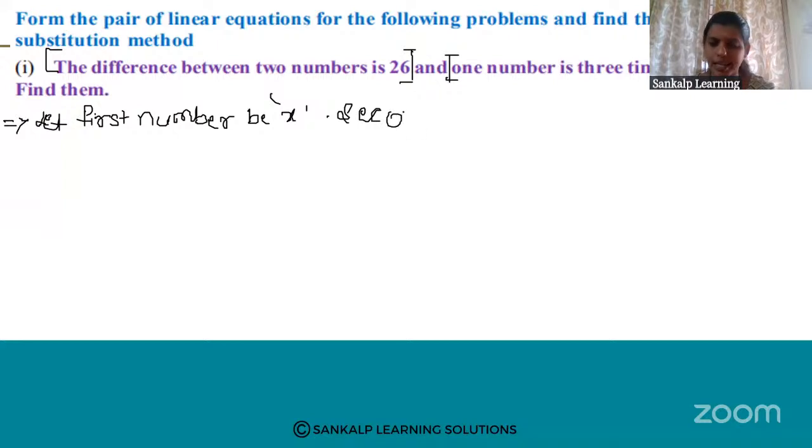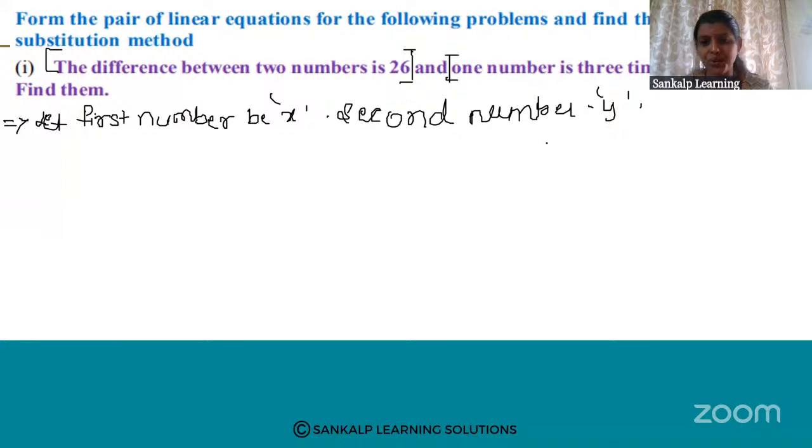Let's consider the second number as y. Okay. Now, what they have given, the difference between two numbers. Difference between two numbers is 26. Okay. So, for that, y minus x is equal to 26.